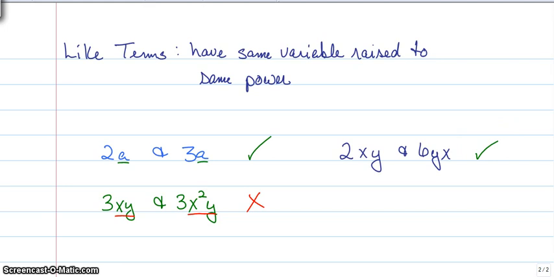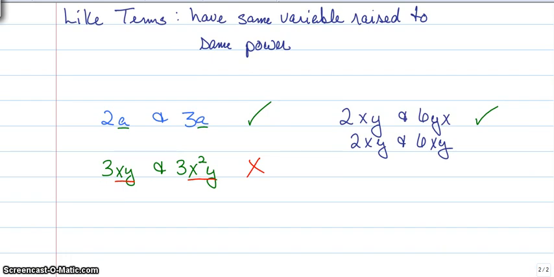Now these are using one of the properties of multiplication, the commutative property. The order that I multiply doesn't matter. So x times y is the same thing as y times x. A better form would be to make sure I had them both in the same order, so 2xy and 6xy would make more sense to us.